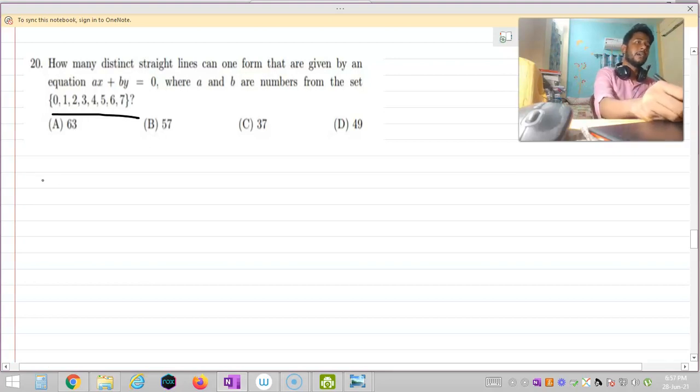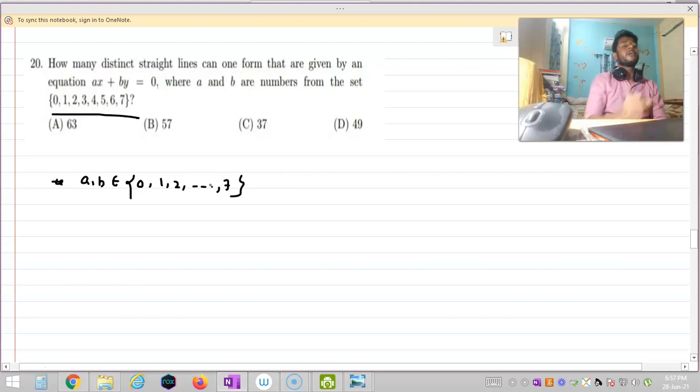So a, b belongs to 0, 1, 2 up to 7. Now observe that if a equal to 0 and b also equal to 0, then this is not our equation, so a and b simultaneously cannot be 0.